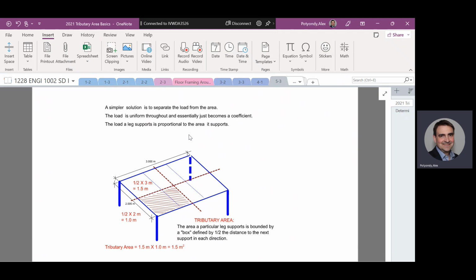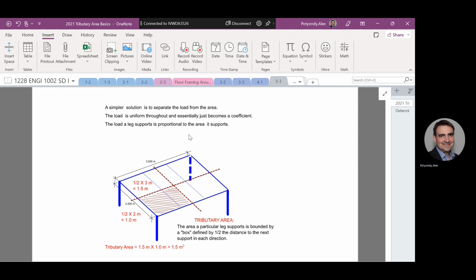So the principle we use here to determine how much area load each leg or column is going to support is the principle of tributary area. The tributary area is the area a particular leg or column supports and is bounded by a box defined by half the distance to the next support.